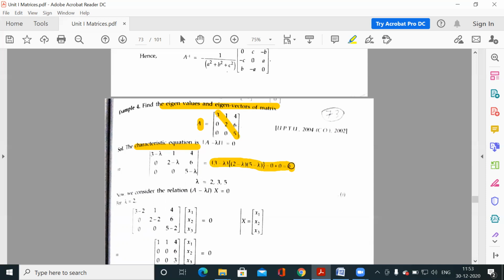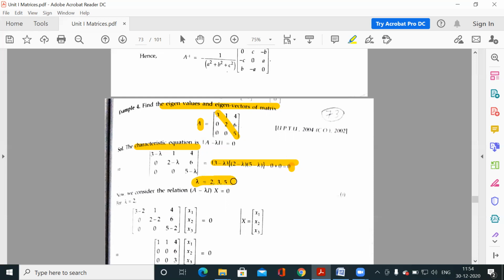The roots of this characteristic equation are the eigenvalues. Definitely we get the eigenvalues 3, 2, 5, because lambda may be 3, or 2, or 5, and only then is this equation 0.